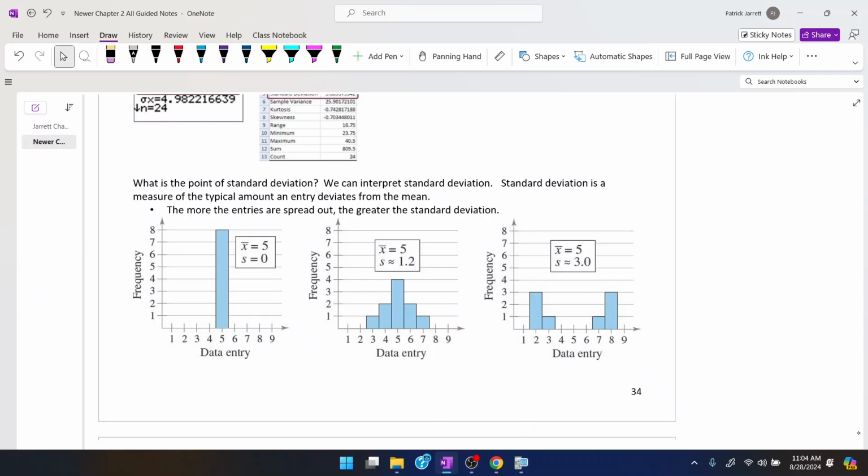This is a frequency chart. So if you have shorter frequencies at the ends, it's not going to be as spread out. But when you have data such as this case, where it's particularly spread out at the end, you're going to have a higher standard deviation. And again, it's a measure of spread.